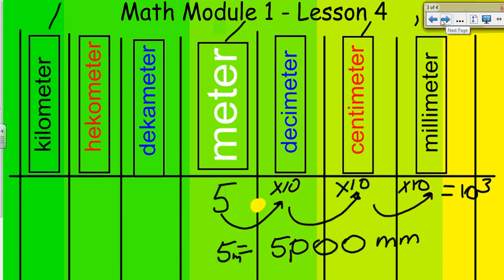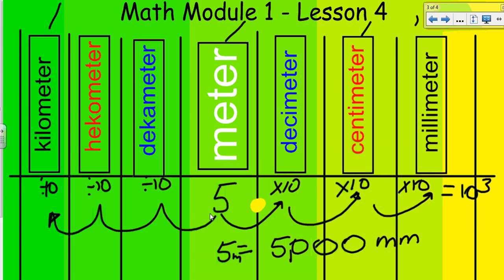So we're just going to come right back over here and show that. Here we're going to have to go 1, 2, 3 times to get to a kilometer. So now we have 5 meters, and we're not multiplying now, we're dividing because we're going to the left. So we're going to divide by 10, divide by 10, and divide by another 10.